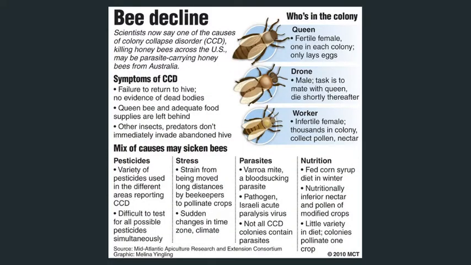This slide here actually shows a nice summary of colony collapse disorder, including the causes down here: pesticides, stress, parasites, including the mite, and a pathogen, which is supposed to be very serious, and nutritional causes. So it's a really serious situation.